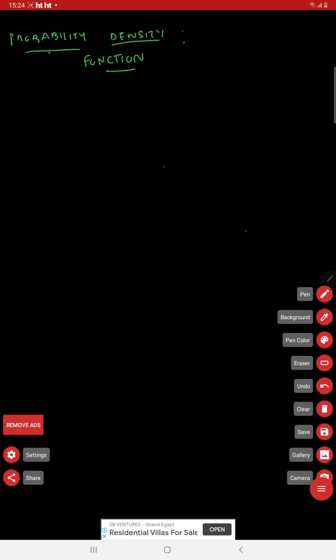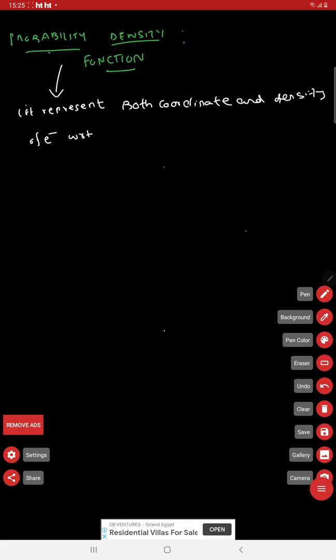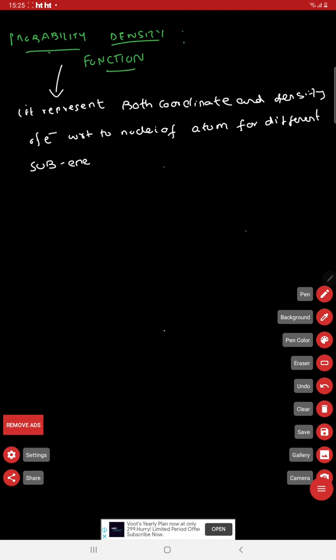This type of graph represents both the coordinate and the density of the electron with respect to the nucleus of the atom for different sub energy levels.